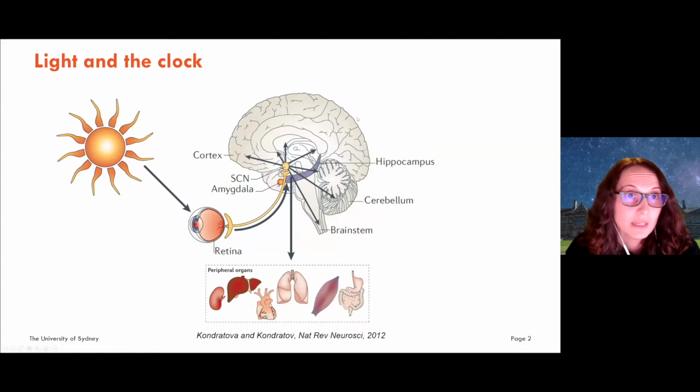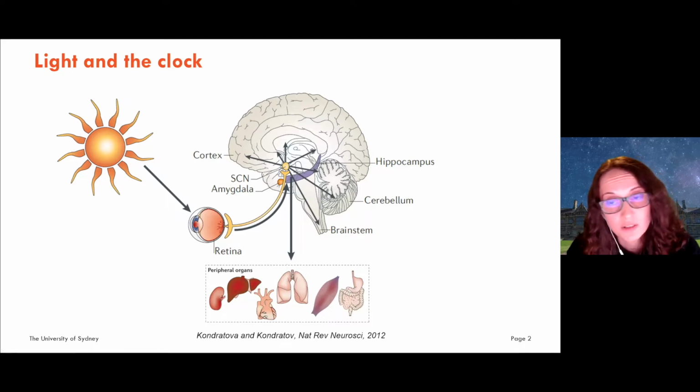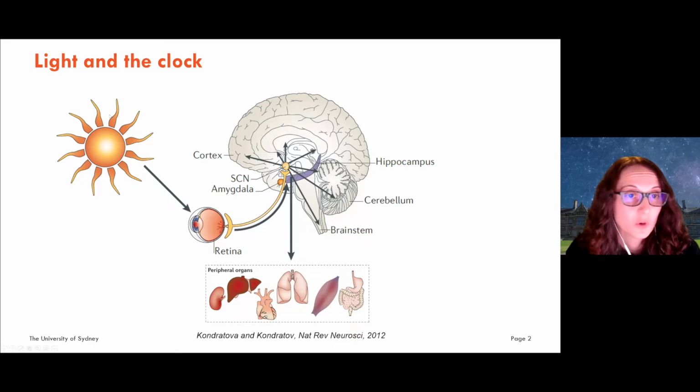And the main environmental cue for our circadian clock, which is located in the brain, is the light-dark cycle. And as we know, the endogenous periods of our circadian clocks are on average in the population slightly longer than 24 hours. And it's the solar 24-hour cycle that entrains us to this precise periodicity of 24 hours every day.